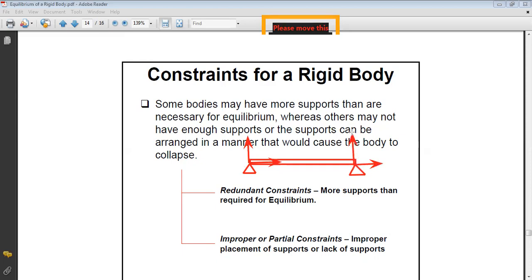You have 4 unknowns, and in 2D equilibrium you have only 3 equations. So your equations are not enough to solve for your unknowns. In this case, we say we have more supports than needed. So we have equilibrium, but we cannot calculate the reactions. And you will see later, for example if you take mechanics of materials, that you can use an additional equation, not from statics but from mechanics of materials, to determine these reactions.